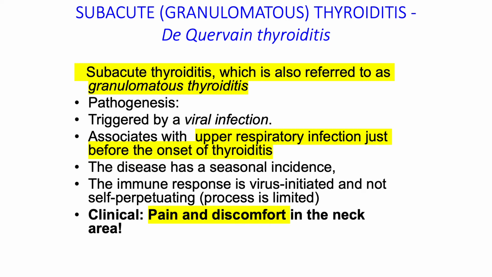So the immune response is virus initiated, and usually it is self-limited. It resolves on its own. So there is tender thyroid enlargement, and there is quite some discomfort in the thyroid, in the neck area.